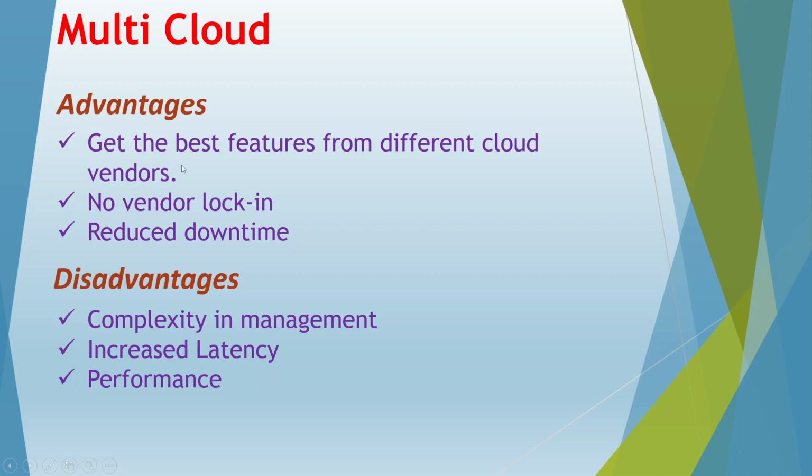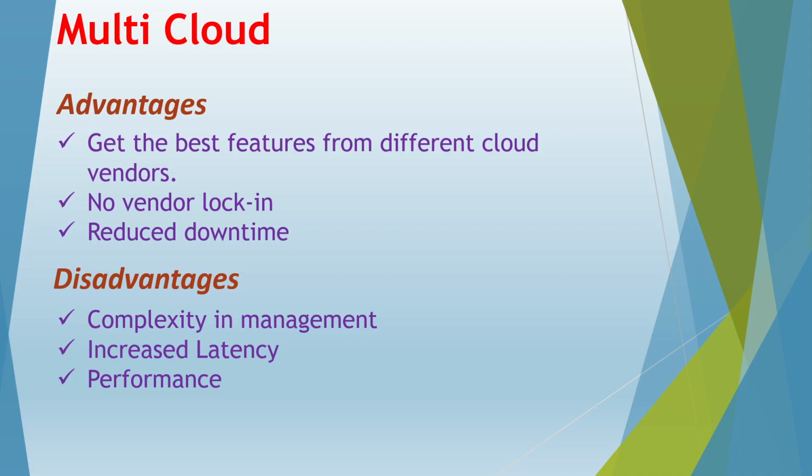So in this way, there is no vendor lock-in. We don't have to stick to only one vendor to get the features, or rely on only one vendor. We should not limit ourselves to the features provided by only one vendor. We can extend our application to use multiple other vendors as well. Also, there is reduced downtime, as we are using multiple cloud providers.